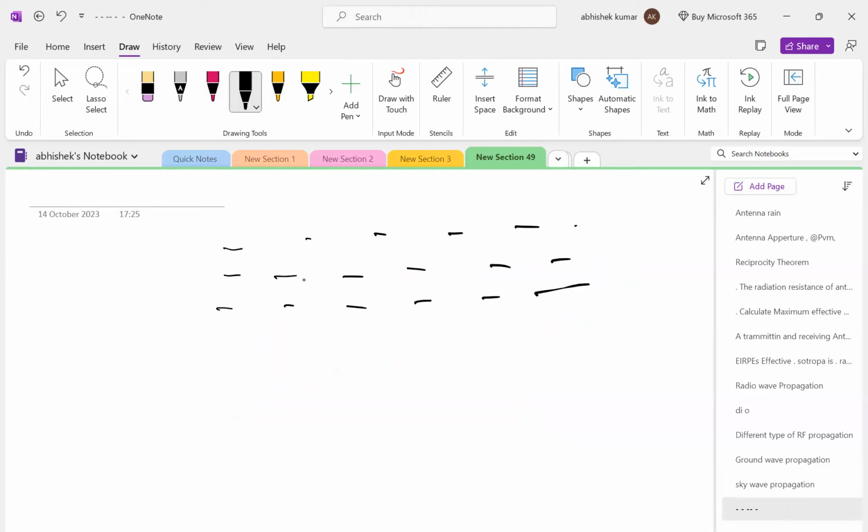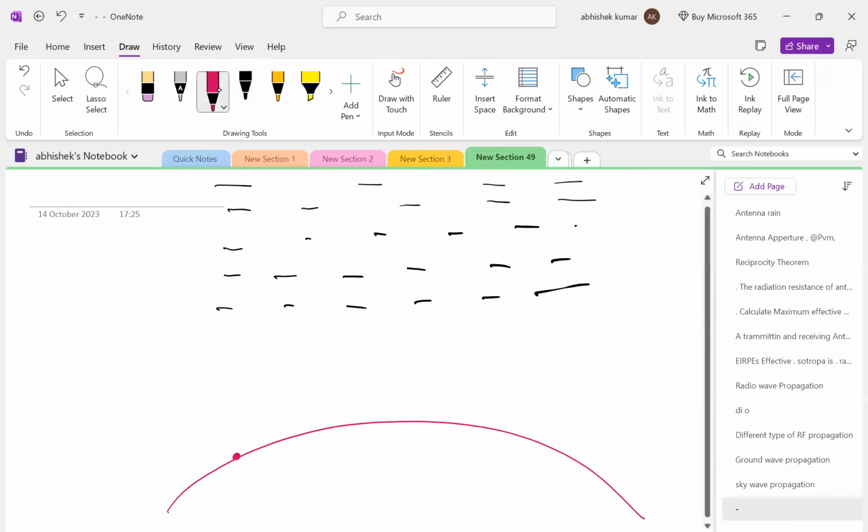Due to the change in the refractive index of the ionosphere, the reflection of the signal happens. I'm just drawing it in a good way. This is our transmitter. This type of figure is given in your questions in some of the papers I saw.